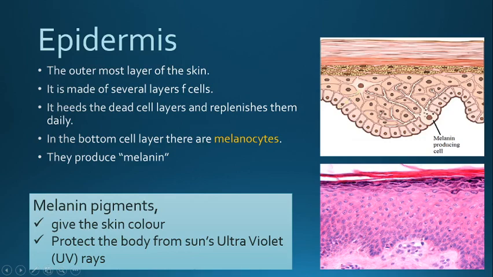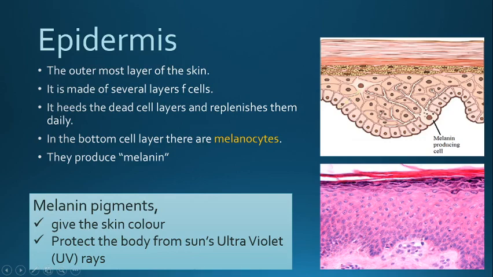In this diagram, you can see in the top part there are the dead cells, and these are the viable cells. This is the basal cell layer, the margin of the epidermis and the dermis.